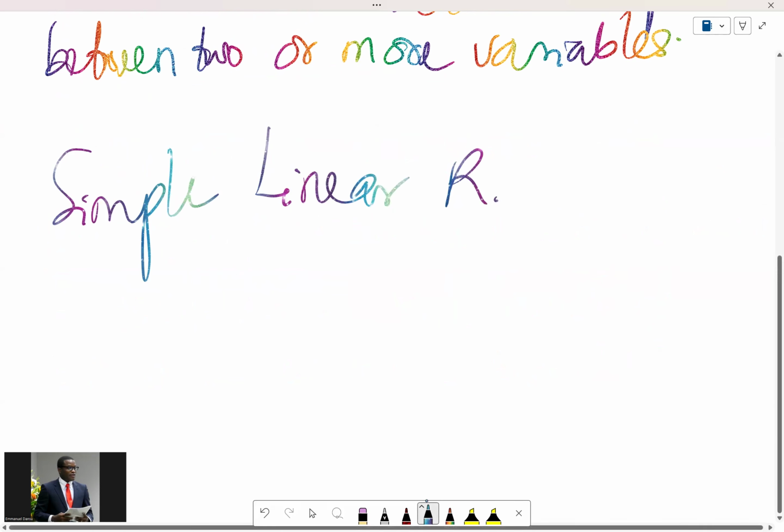Having said all that, can we talk about key formulas in linear regression? Of course, that's the general formula. How do we obtain each component?